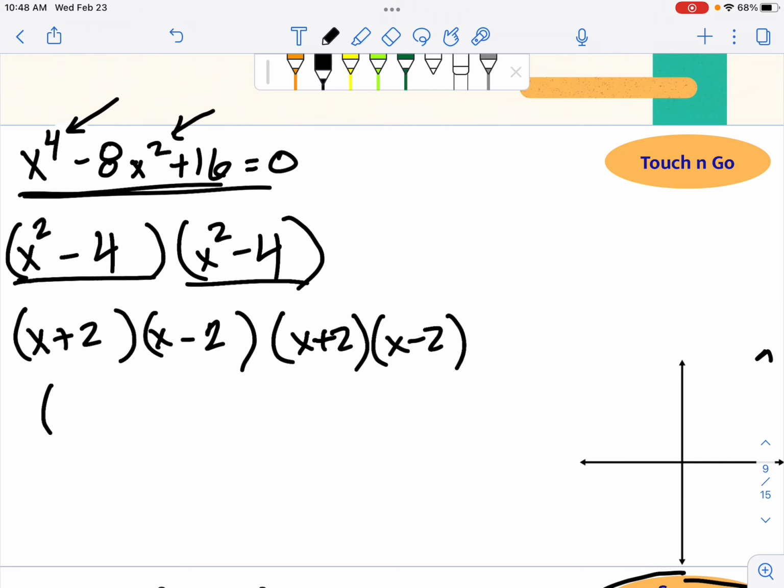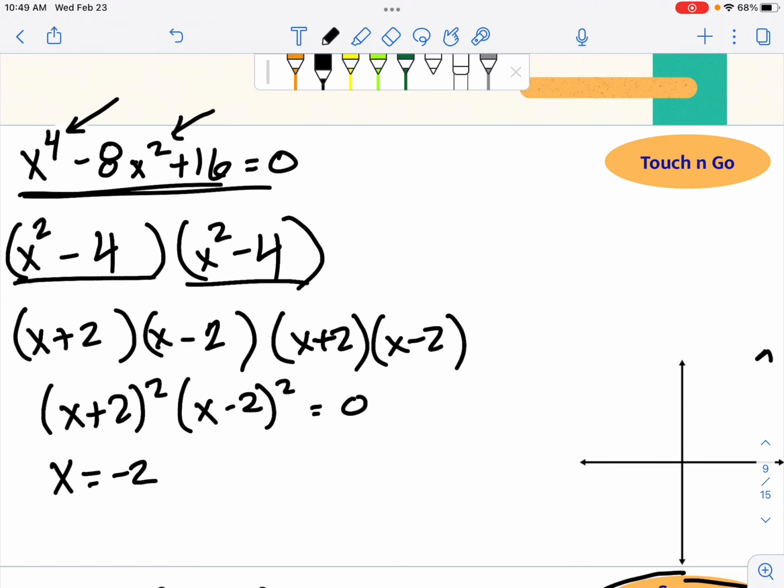And now we would write this in the simplest form. And then, again, our goal is to find the solutions, right? So we would know that x equals negative 2 is a solution, and x equals positive 2 is a solution. Now remember, here we're talking about how the degree matches our number of solutions.